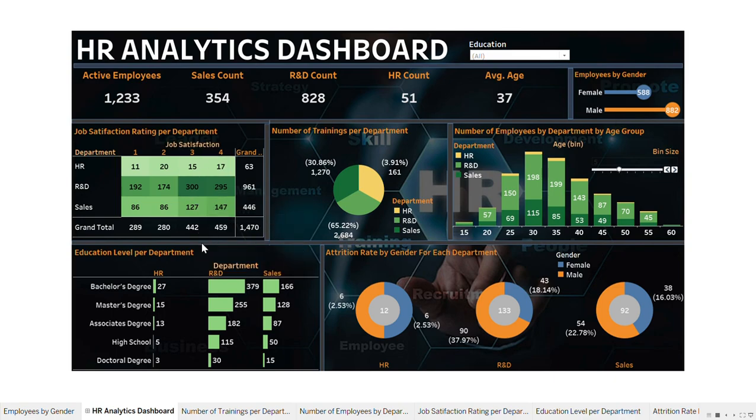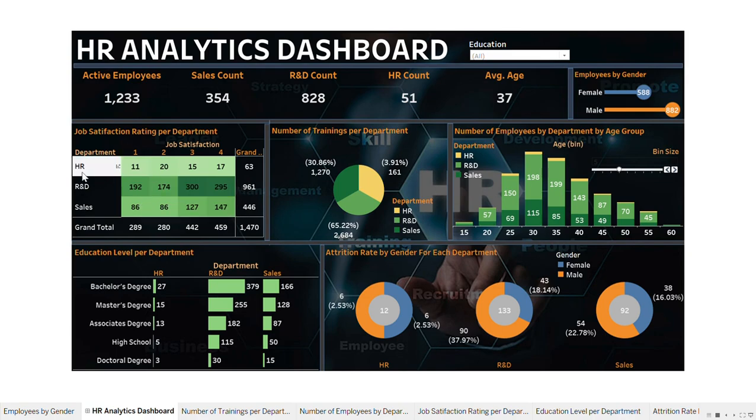Then we also have the job satisfaction rating per department, where the job satisfaction is grouped into 4 levels, level 1 to level 4. Level 1 shows the number of people who are less satisfied with their roles, in other words, who are not so happy about what they are doing.